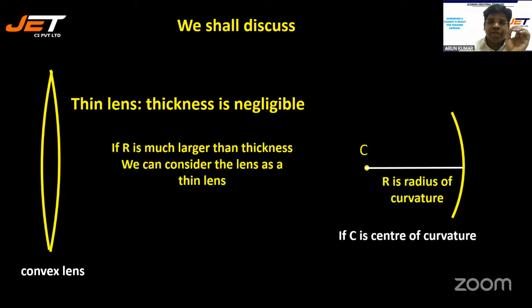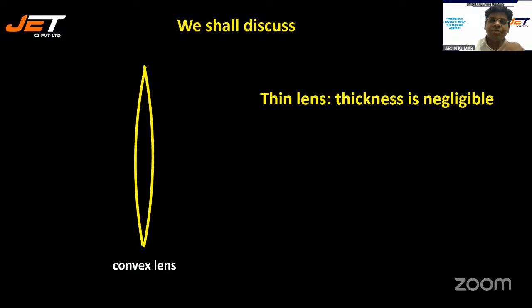If R is much larger than the thickness, we consider the lens as a thin lens. Thick lens you will have in intermediate. So at this level, you have only thin lenses. In our TSRJC exams and Polycet exam, you have only thin lens.